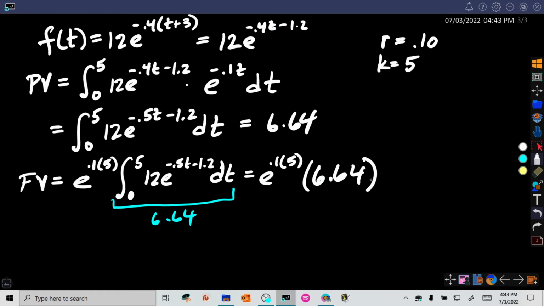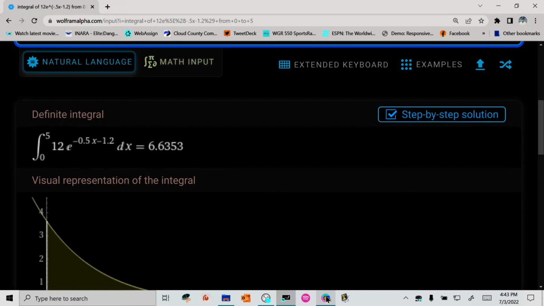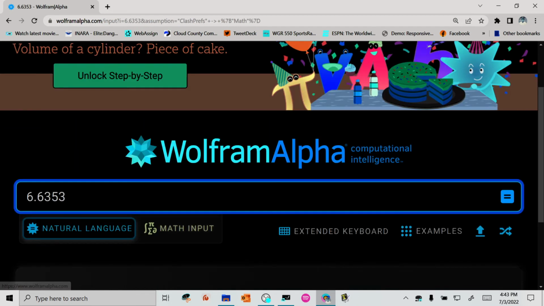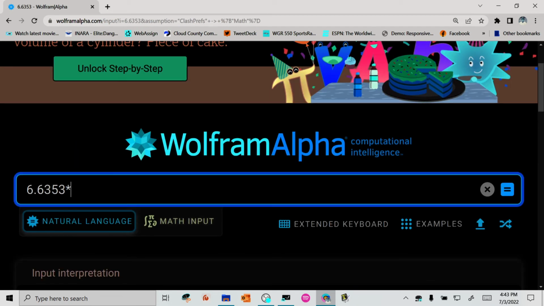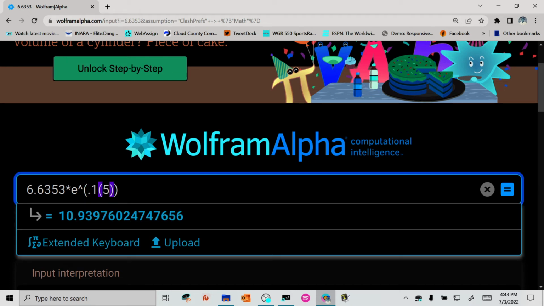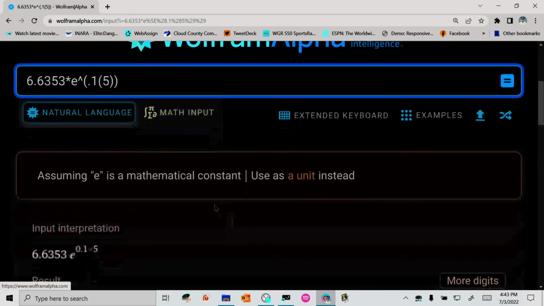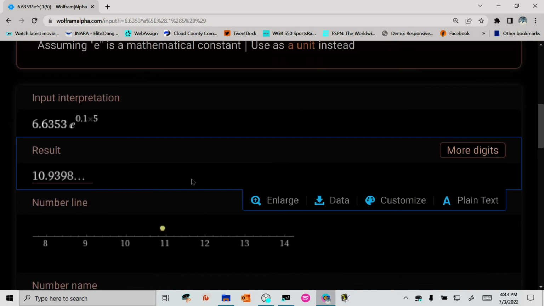Okay, so I can literally go back to Wolfram Alpha here, and if you want, you can click that times e to the 0.1 times 5, and you're going to get 10.94.